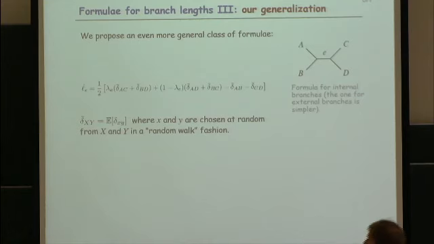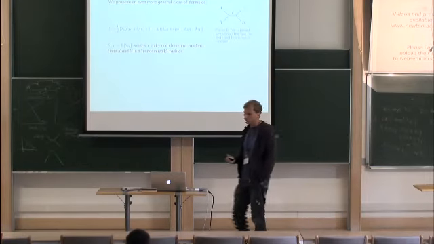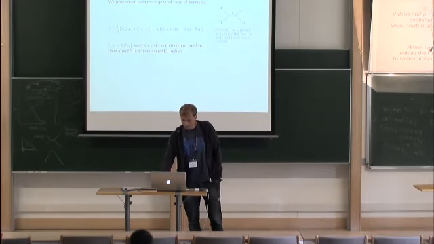And now also the delta bar have a more general definition than before. It's the expectation again of the distance between two taxa chosen at random, but now they're chosen at random from x and y according to a random walk fashion. What does that mean?